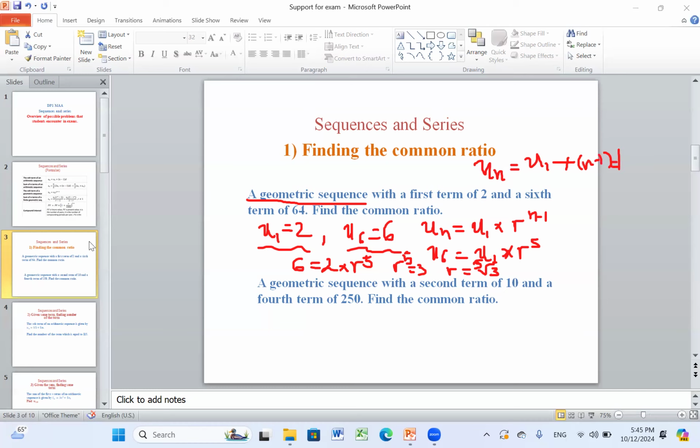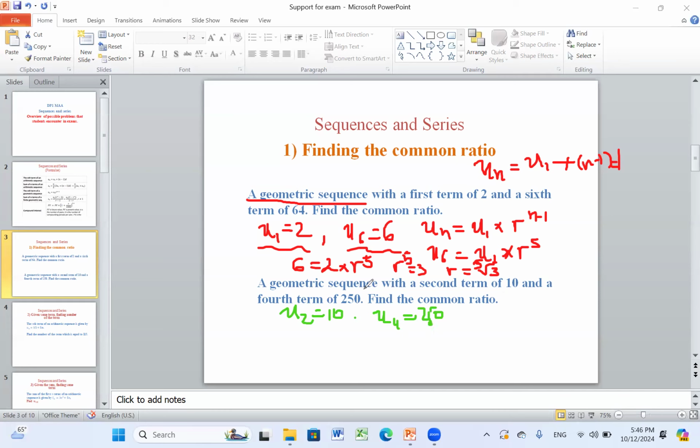The next one is about a geometric sequence with a second term of 10 and a fourth term of 250. What's different here? In the first one, it was easier because we were given a first term, but here we have a second term. Anyway, we have to be ready to solve such questions. So U2 is 10, and again, it's better to write all the data, and U4 is 250.